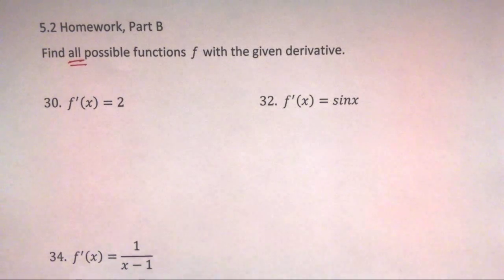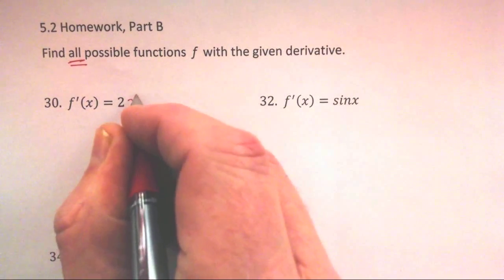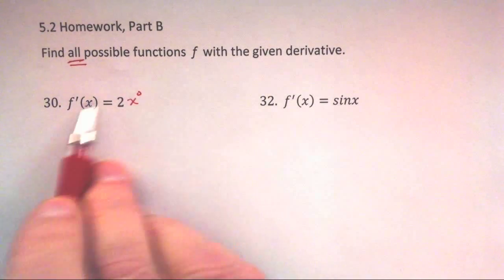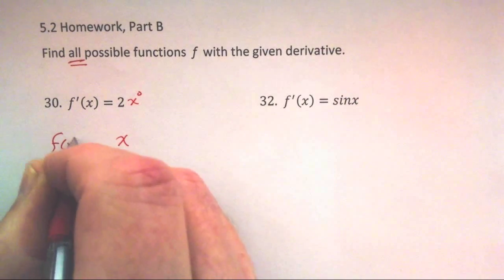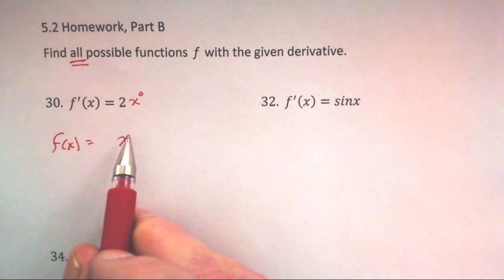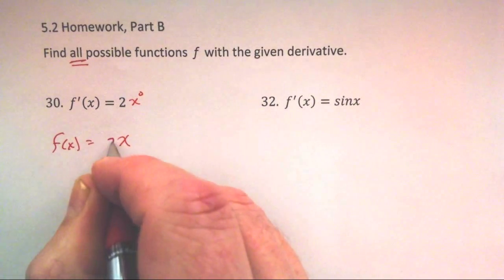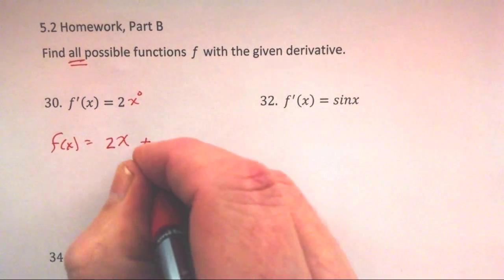It can be 2x anything, but I know I can kind of in my head be thinking of this as like, oh, this is 2x to the 0th, so what would give me a 0th degree derivative? It has to be x to the first, so f of x has to be this, but the derivative of this is 1x, so I have to adjust that, double it.